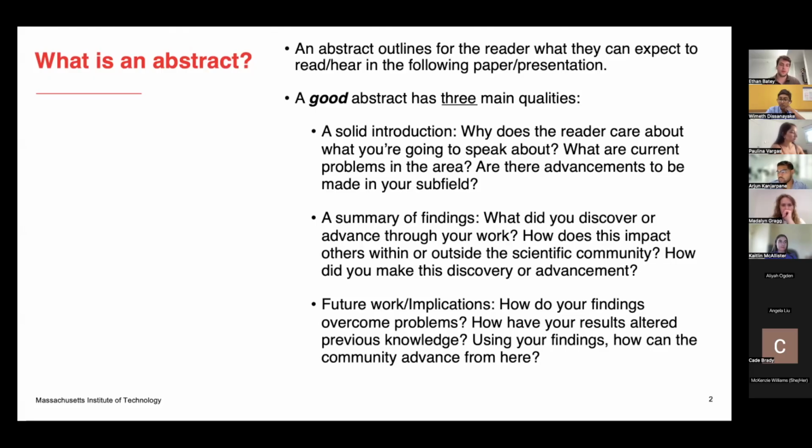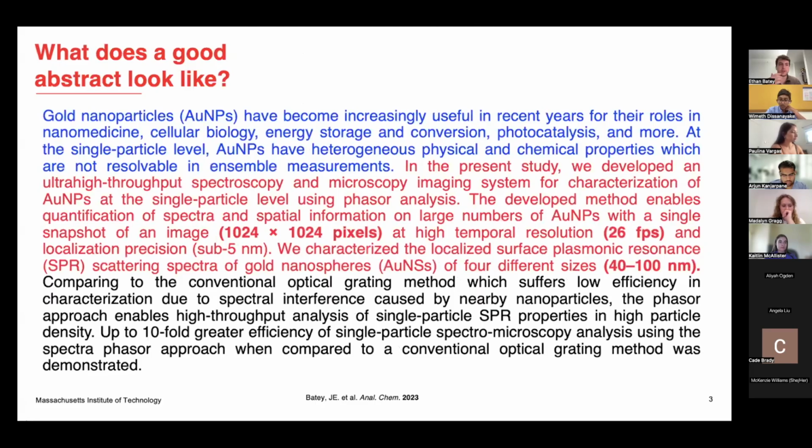So I wanted to show a quick example here. This is from a paper. And so this is going through those three steps blocked out here. You can see different colors. So in blue, we're going to go through our introduction, and I'm just going to read this really quickly. It says gold nanoparticles have become increasingly useful in recent years for their roles in nanomedicine, cellular biology, energy storage and conversion, photocatalysis, and more.